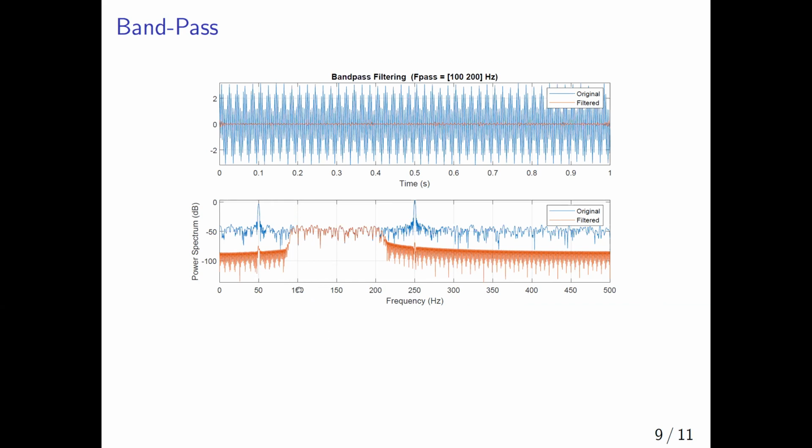Let's say it starts at 100 hertz and a bit more onward, 100 to 200 hertz. And maybe there's some background noise that you want to remove, but you know that this is the band you want. And so you allow the magnitude response to be high in this band and decay outwards. And that's called a bandpass filter. And it would look something like this. This is how you get clean audio signals.